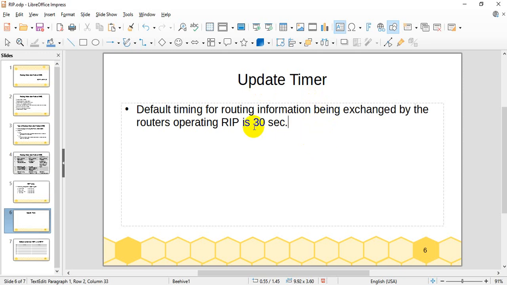Okay, 30 seconds. 30 seconds is the time used by the update timer to exchange the routing information, okay.